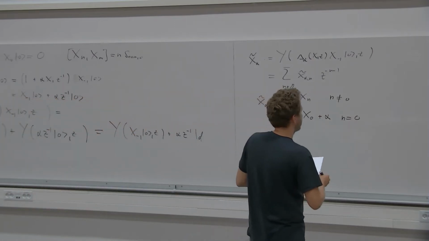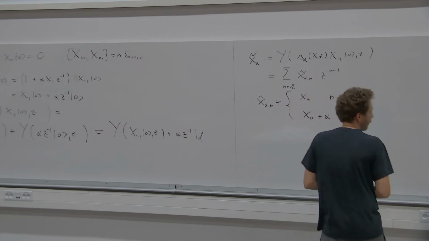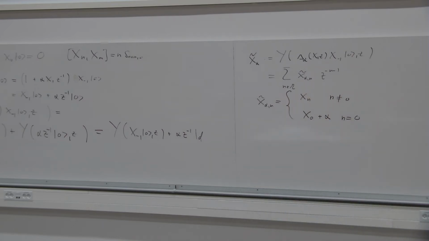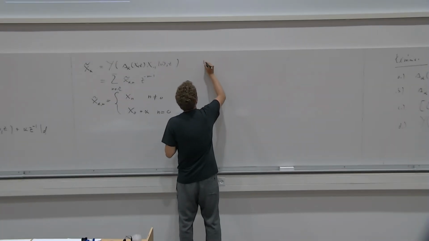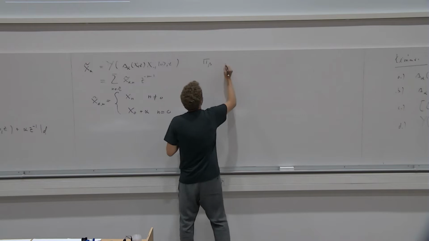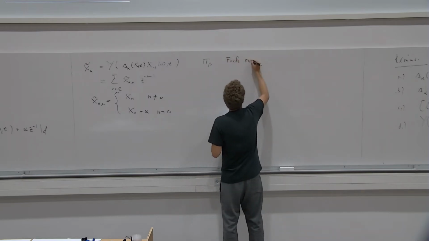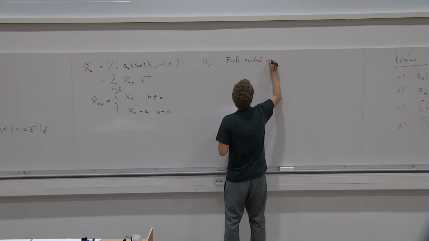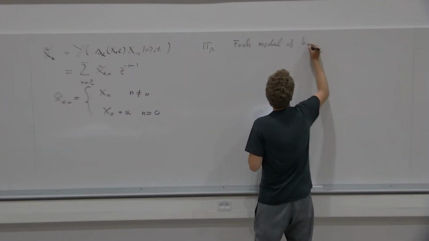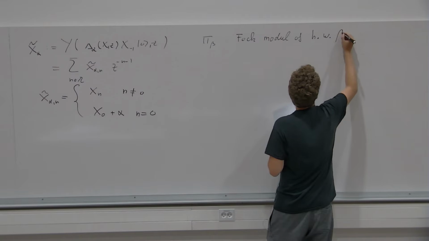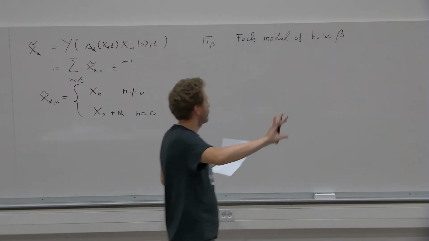So this means, recall that by pi beta I denote the Fock module of highest weight beta, and I just repeat in words what I mean by it.